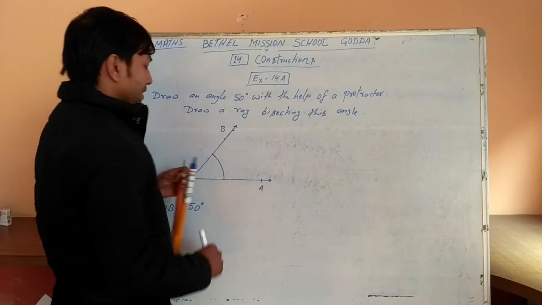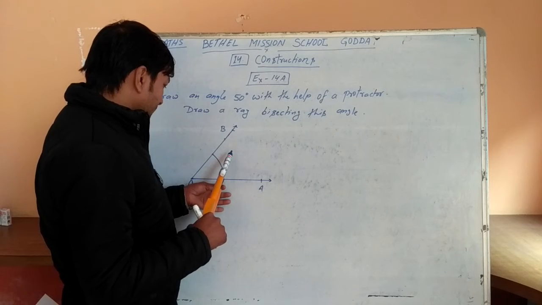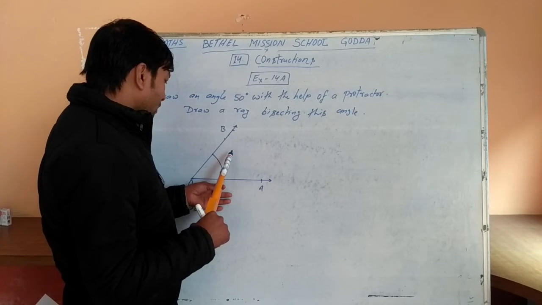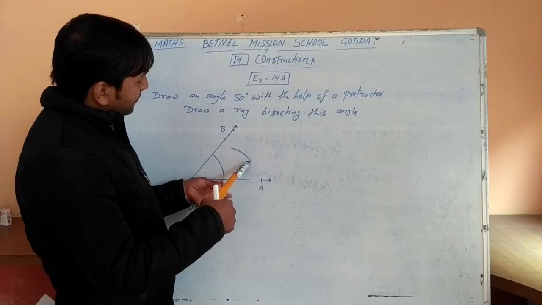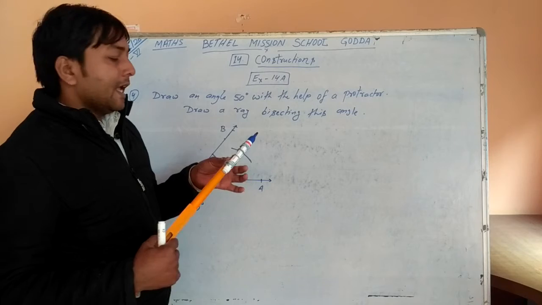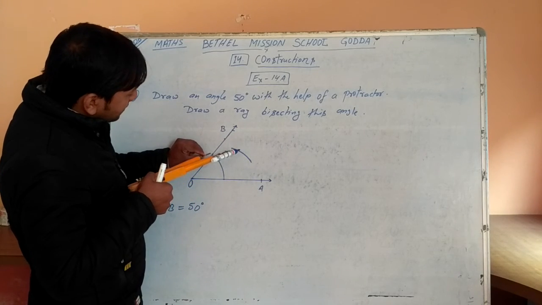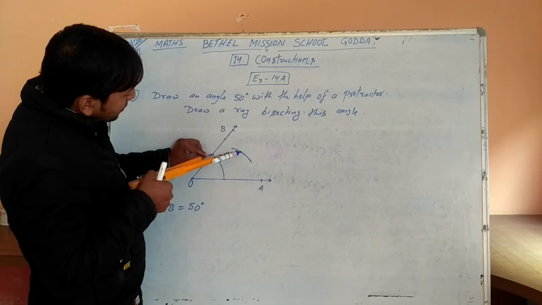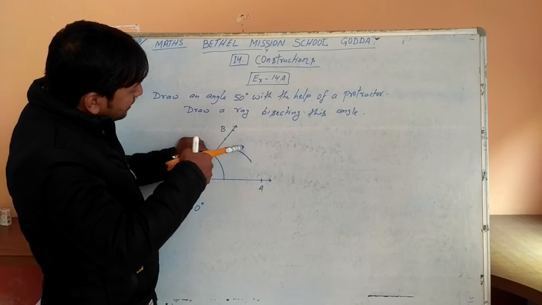With these points, we got 2 points. And with this point, you have to draw an arc. Okay? And now put at this point and draw, cutting this arc.